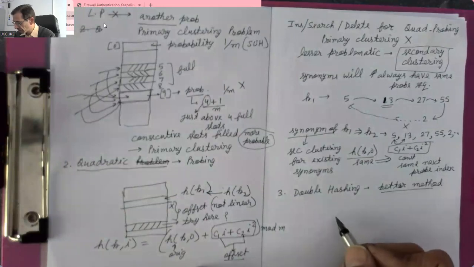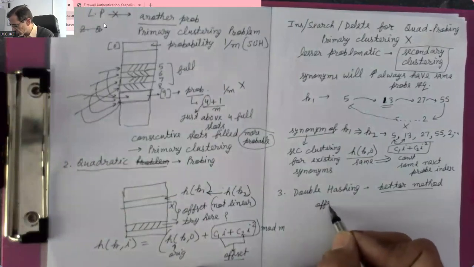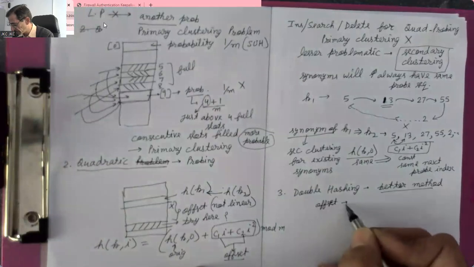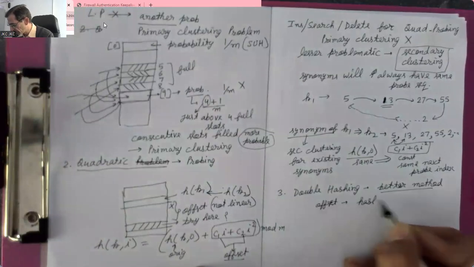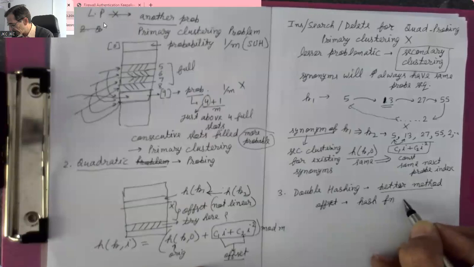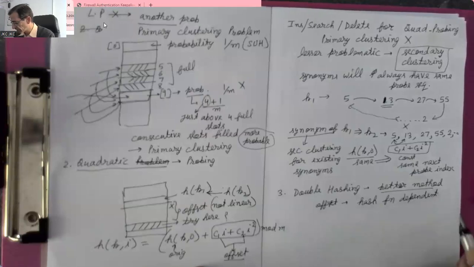What they say is your offset will also be hash function dependent. Another hash function will be taken, and that hash function will generate different values, maybe for another set of synonyms. What does that mean?